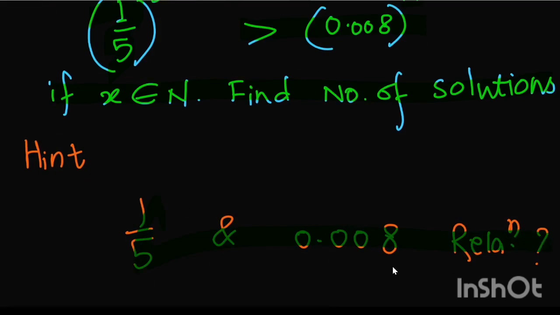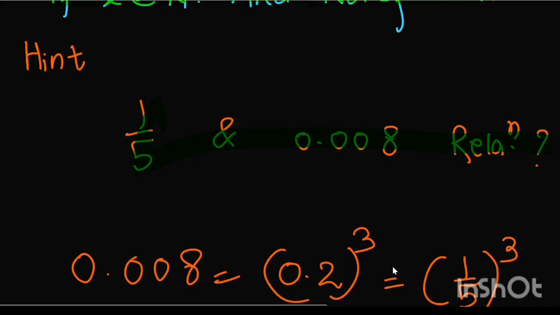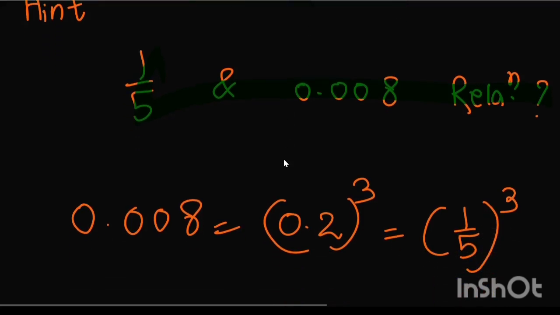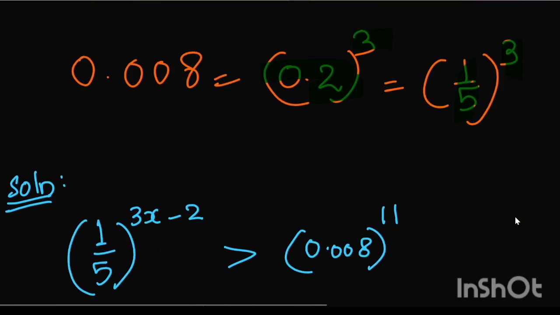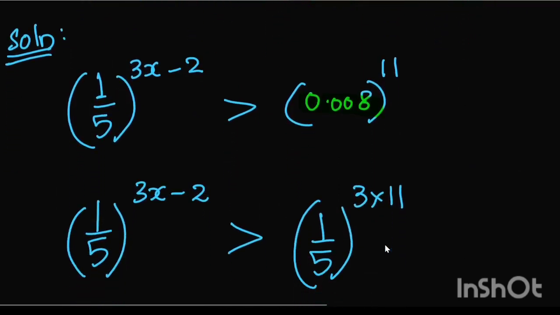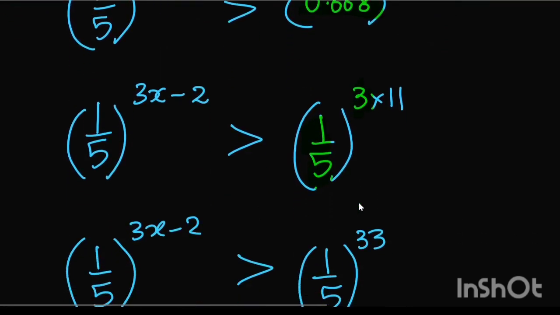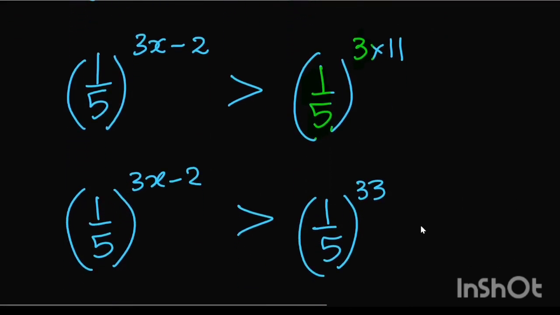If you think closely, 0.008 is nothing but 0.2 cube. 0.2 is 1 by 5, so it is (1 by 5) whole cube. So 0.008 in the question would be replaced by (1 by 5) whole cube, and then the exponent becomes 33.